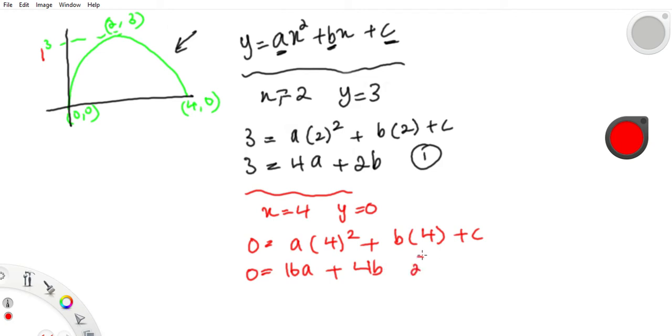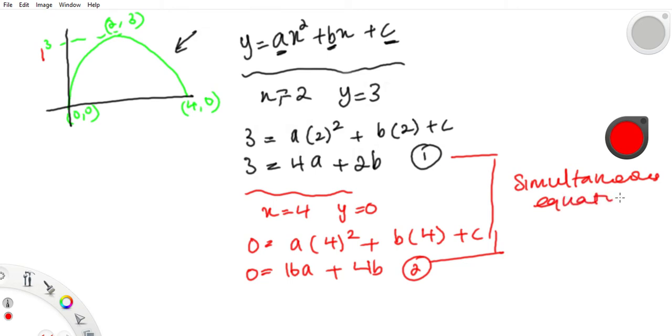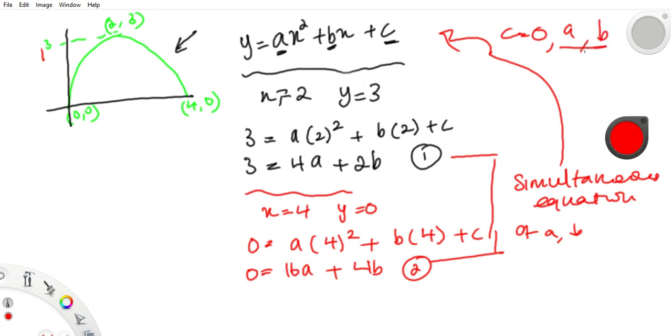This is another equation. So I'm going to use simultaneous equations to find out the values of A and B, which we'll need to make our quadratic. Because remember, we found C is 0. Alright, we need A, we need B.